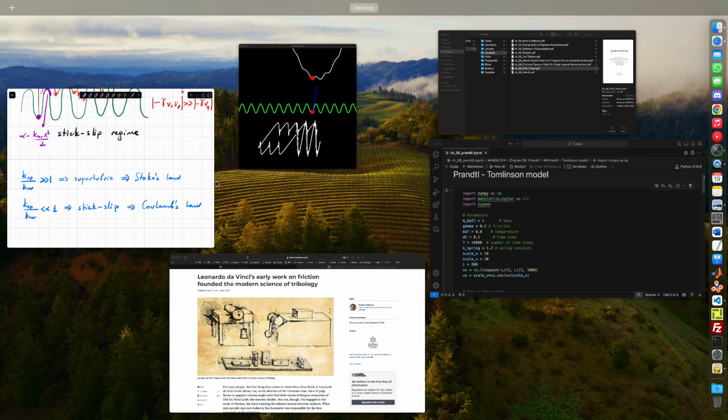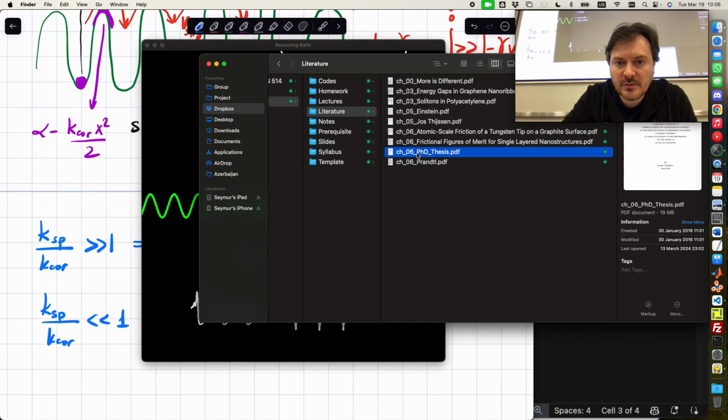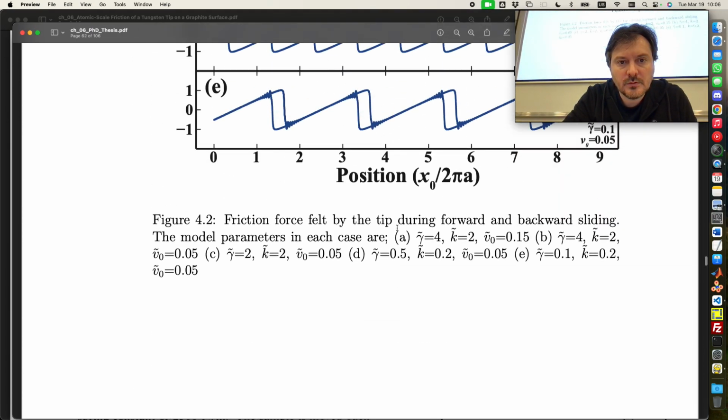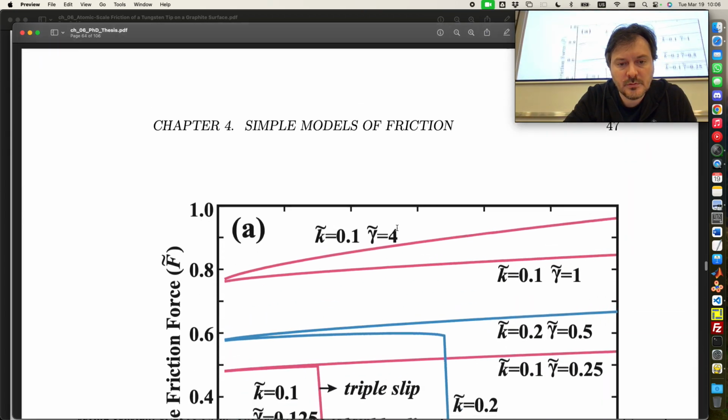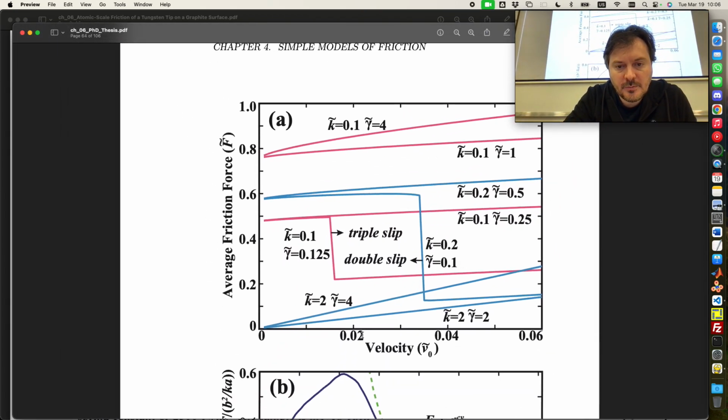Let me show you how that is seen over here. So, for example, here you are in superlubric regime, and the friction force goes to 0 as the velocity goes to 0.